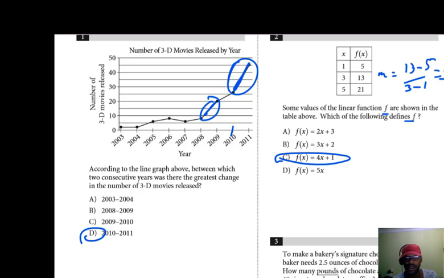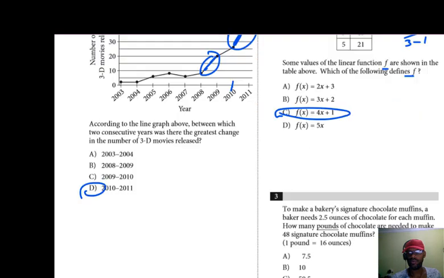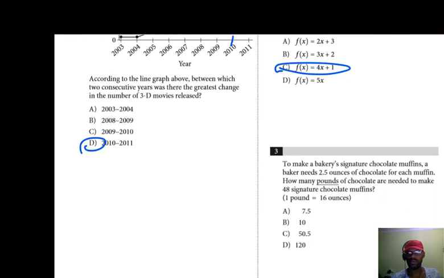Okay, let's move on. When we move to the third one here, to make a bakery signature chocolate muffins, a baker needs this many ounces of chocolate for a muffin. How many pounds of chocolate? So it's unit conversion in the middle.